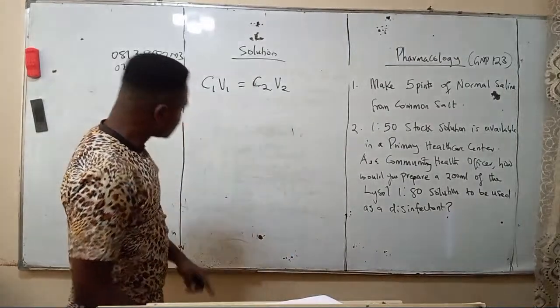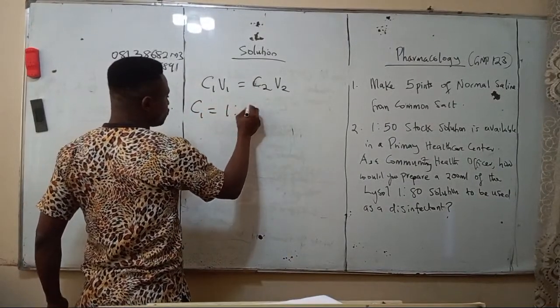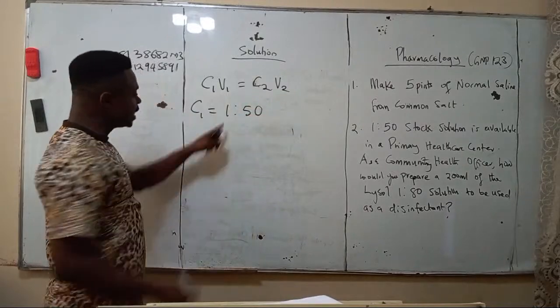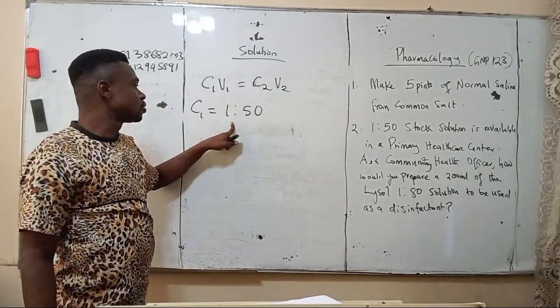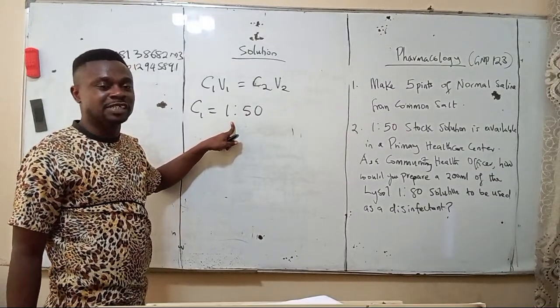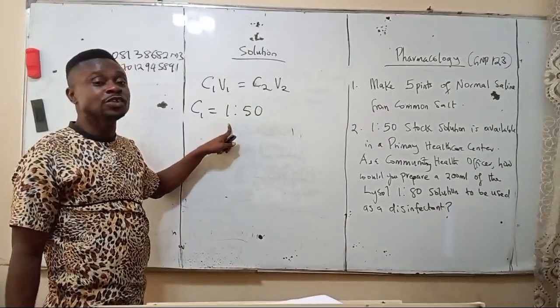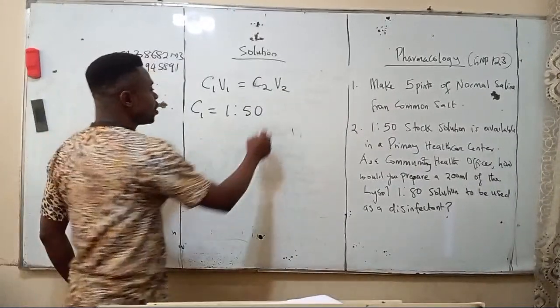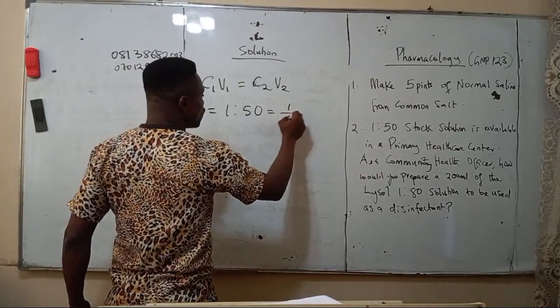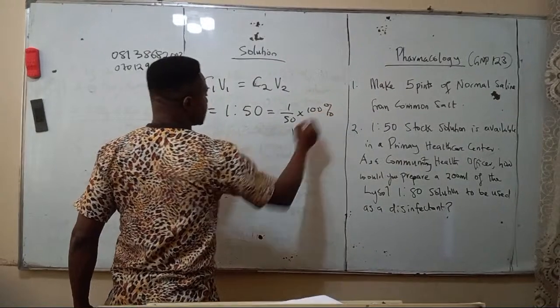But from the question, our C1 is 1 in 50. This is the stock solution concentration, but it's not in percentage strength. I like moving this to percentage strength. So if I move this to percentage strength, it becomes 1 over 50 times 100%.